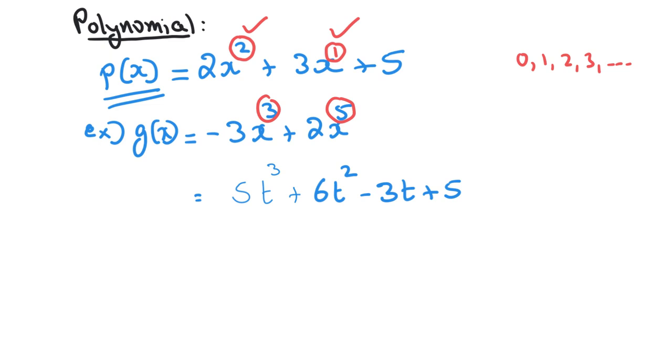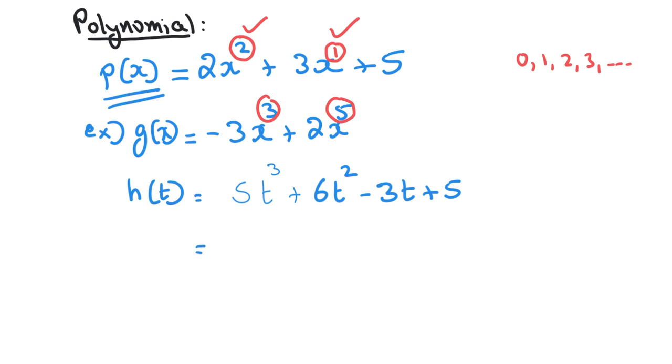Yes, because all the powers of the variables are whole numbers. Therefore, it is a polynomial. Let us represent this as h of what? t, because the variable used is t. So these are polynomials in single variables.